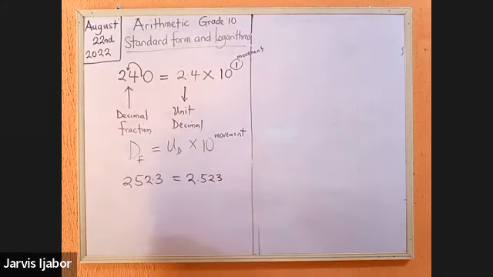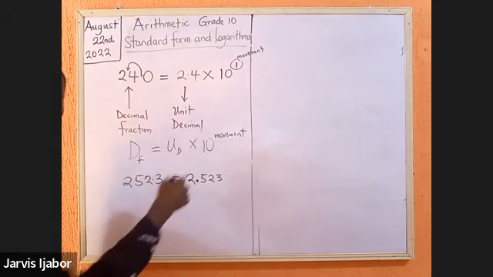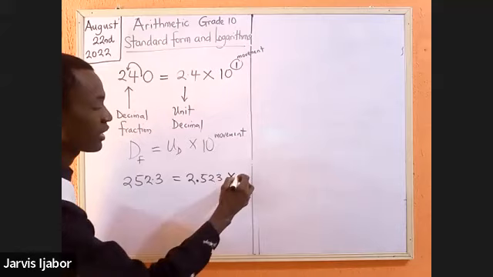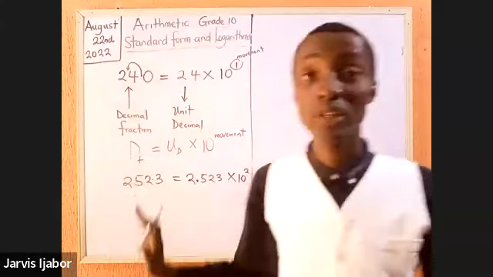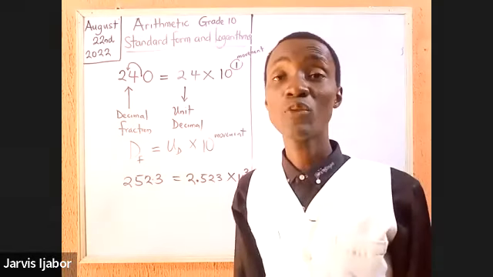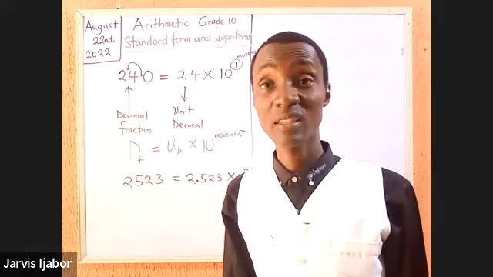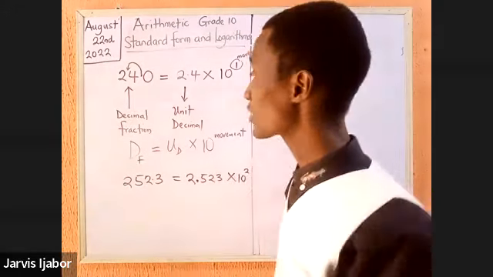The next thing I'll do is to count how many decimal places I have moved. If you look at this, 1, 2. So that will mean that I've moved 2 decimal places. And that will mean that I have made 2 positive movements. Because I said that if you move backwards, you've moved what? 2 decimal, you've moved 2 positive places. If you move forward, you have moved 2 negative places. All right, so that's for that.